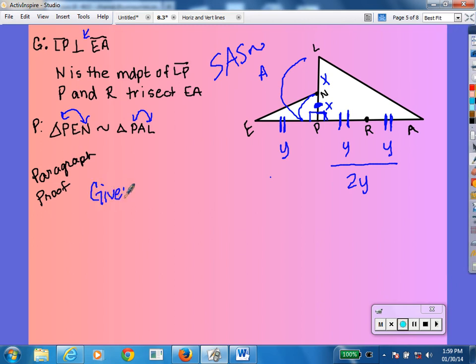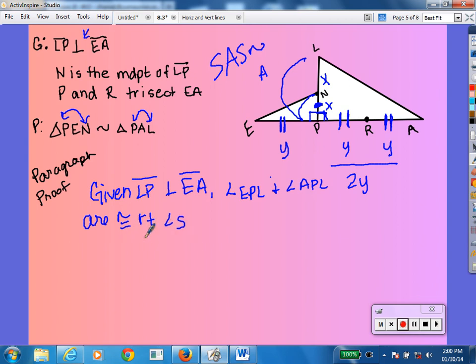Given LP perpendicular to EA, that means that angle EPL and angle APL are congruent right angles. I might as well, right angles are congruent anyways. So we'll just say that. So that gives us our angle portion.